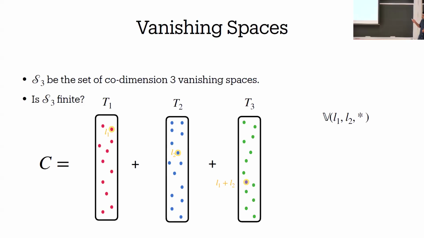Then to find the codimension 3 space, I set L1, L2 to 0, and the third linear form I could choose anything. And that means, since we are over reals and complexes, there are infinitely many such codimension 3 vanishing spaces. And similarly, you can do it for codimension 1 as well.